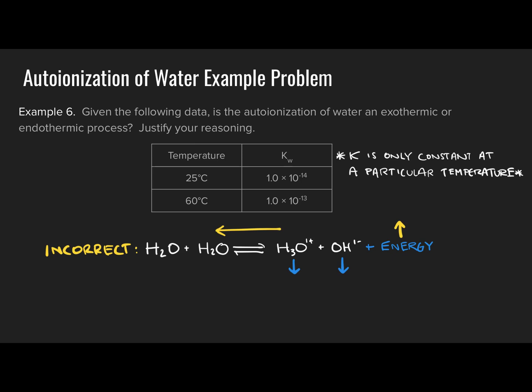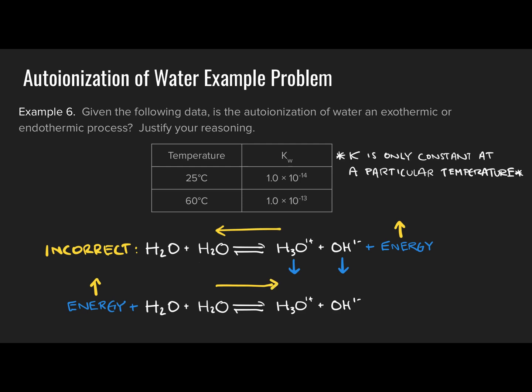So if we've now eliminated the possibility that autoionization is an exothermic process, the only other option is that the process must be endothermic. So let's shift our energy over onto the left side of our reaction here. This is now written as an endothermic process in the forward direction. Applying the same logic, if we see an increase in temperature, it should drive the reaction in the endothermic direction, as that endothermic process requires energy in order to run.